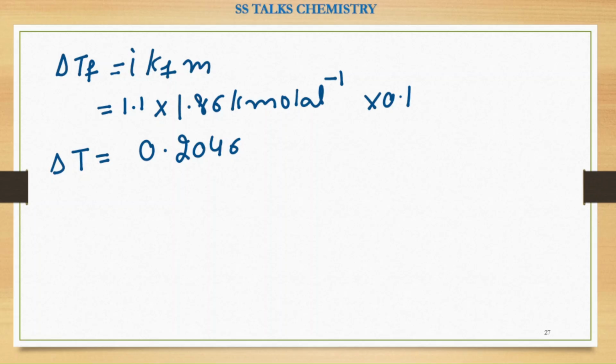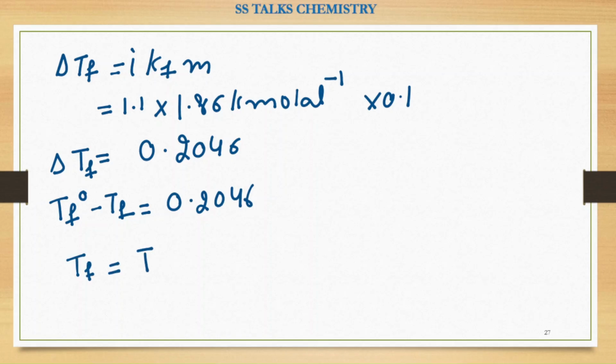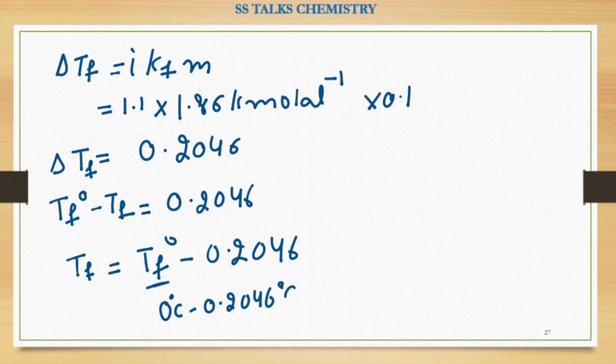Okay. Now the delta Tf value is Tf naught minus Tf, which is equal to 0.2046. So Tf will be Tf naught minus 0.2046. For water, the freezing point is 0 degrees centigrade, and here it is 0.2046 degrees centigrade only.